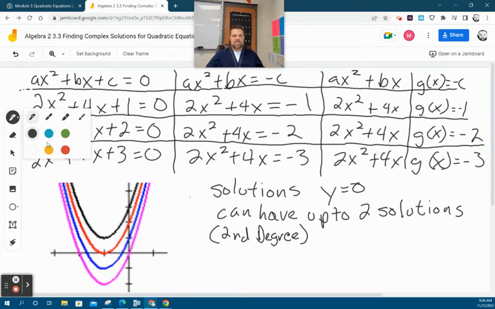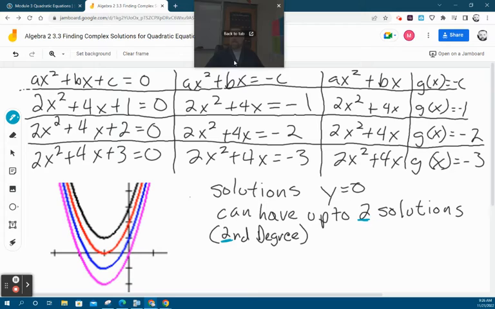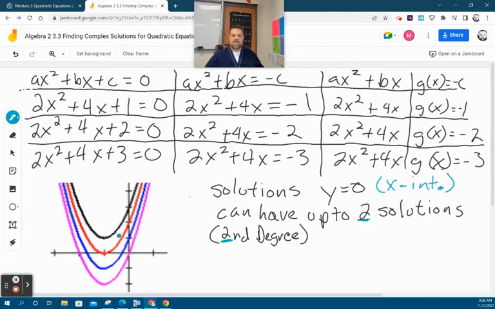So that's no accident. If x is raised to the second power, then it's probably going to cross, or could cross, the x-axis 2 times. So you get 2 solutions. Remember that when y equals 0, that is the x-intercept. That's where it crosses the x-axis.